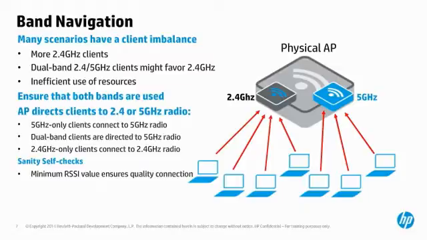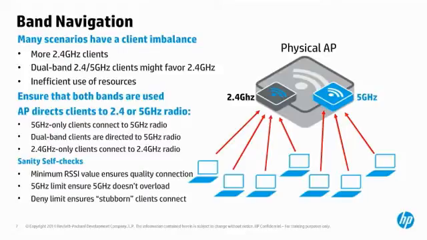If the 5 GHz client count reaches an upper limit, and the gap between 5 and 2.4 GHz clients reaches an upper limit, the AP denies 5 GHz associations and allows clients to connect at 2.4 GHz. Also, if a client has been denied a 5 GHz connection for a configurable number of times, the 5 GHz connection is accepted.